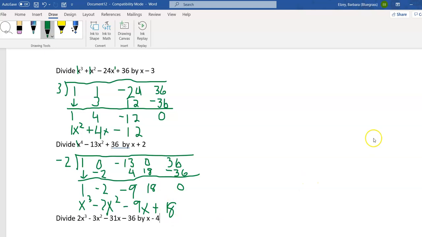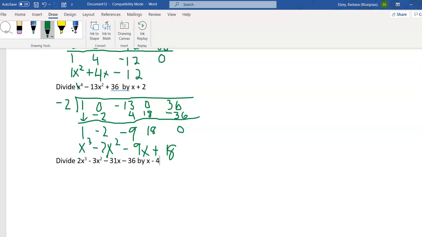Okay, so let's do one more. So we want to divide this polynomial by x minus 4. Again, notice this is just a plain old x, so we can do synthetic division. Let's put a positive 4 in front. And bring down 2, negative 3, negative 31, and negative 36.